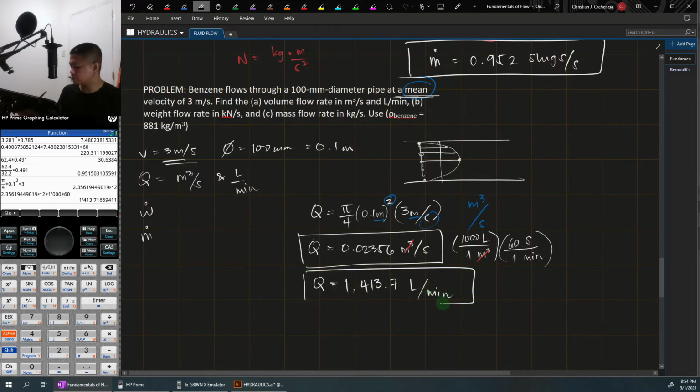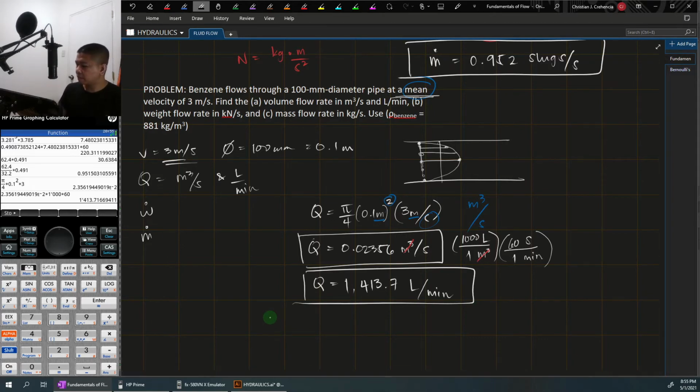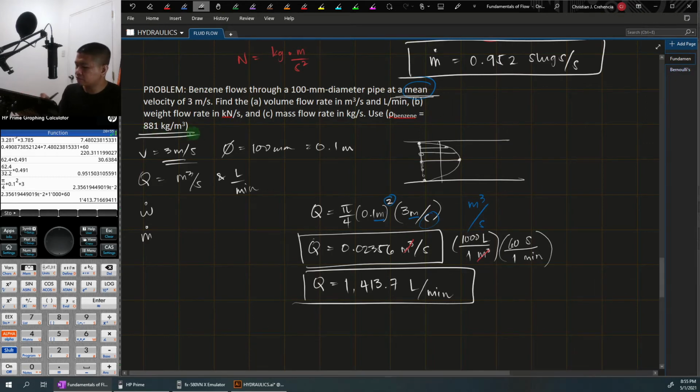Okay. Then for the weight flow rate and mass flow rate, okay, so again, given yung density. For the weight flow rate, so this is unit weight times the discharge Q, and the unit weight is, yan natin, unit weight is the density times the gravity.